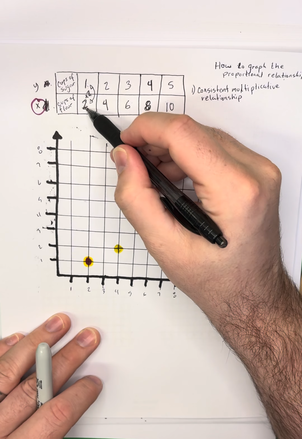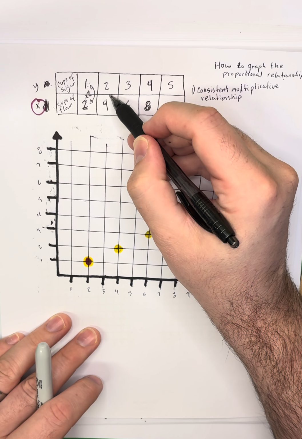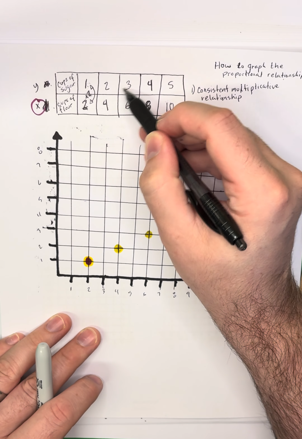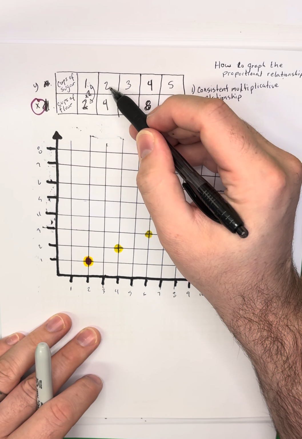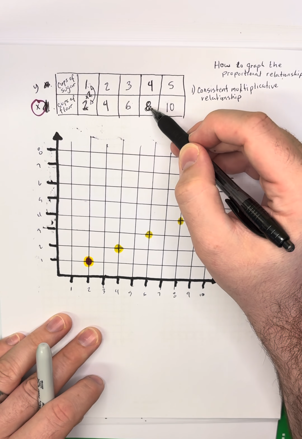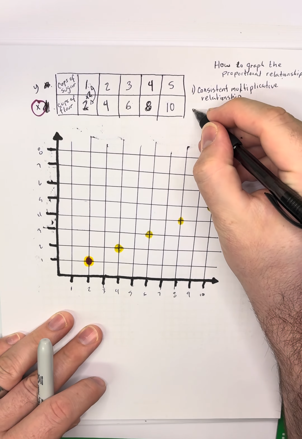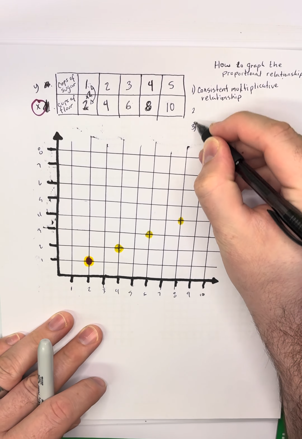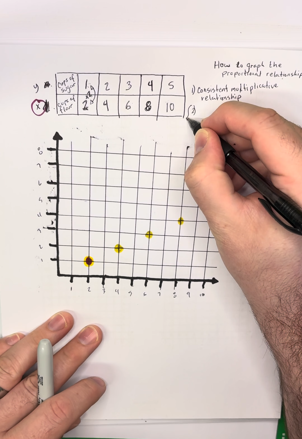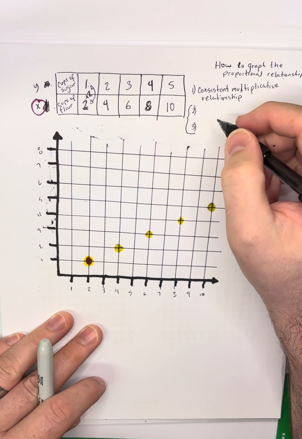So this to this, this to this, this to this: times 2, times 2, times 2, times 2, times 2.